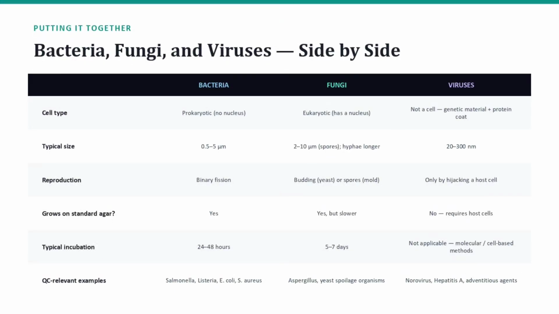And QC relevant examples: for bacteria, think Salmonella, Listeria, E. coli, and Staphylococcus aureus, all of which we will cover later in this level. For fungi, think Aspergillus and general yeast spoilage organisms. And for viruses, think norovirus, hepatitis A, and adventitious agents in a pharma context. Keep this table in mind as we move through the rest of this level. Every method we cover connects back to one row here.